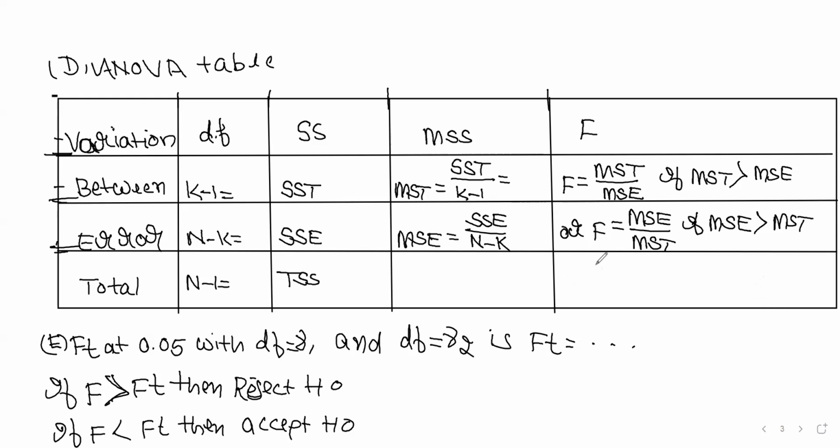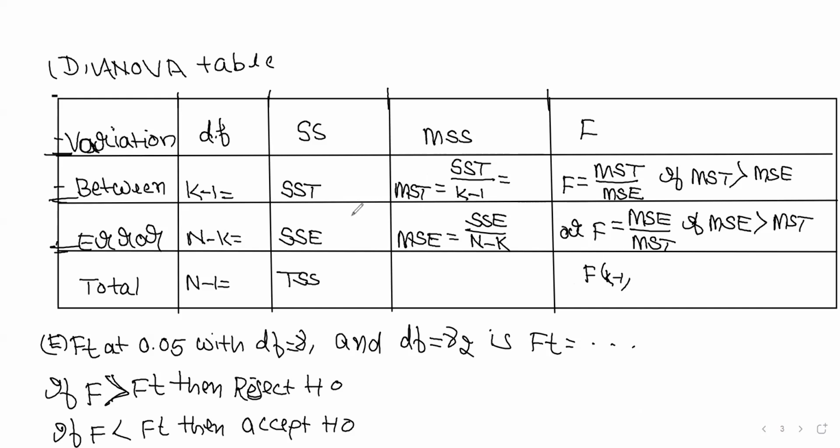And similarly, here also you have to mark F, degrees of freedom. If you use this formula for calculation of F, then MST degrees of freedom is K minus 1.